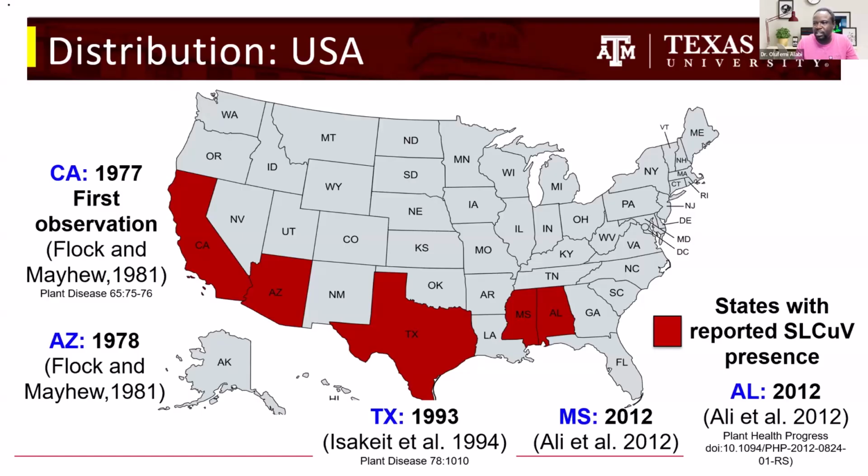But subsequently, it's been identified and characterized in Texas in the early 1990s. And there is a recent paper from 2012 that shows that it's also present in Mississippi and Alabama. Strangely, we have no report of squash leaf curl virus present in Georgia and Florida, 2 other major cucurbit producing states.